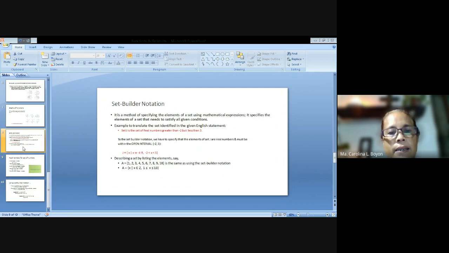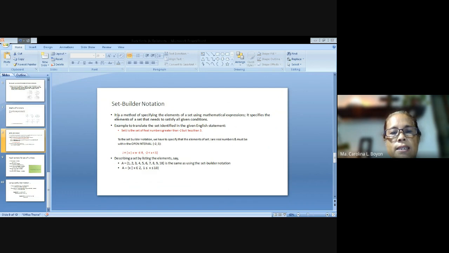So there is another way of specifying functions or sets, because we will be introducing ourselves to sets next meeting. And because ordered pairs are also sets, then we can use the set builder notation.